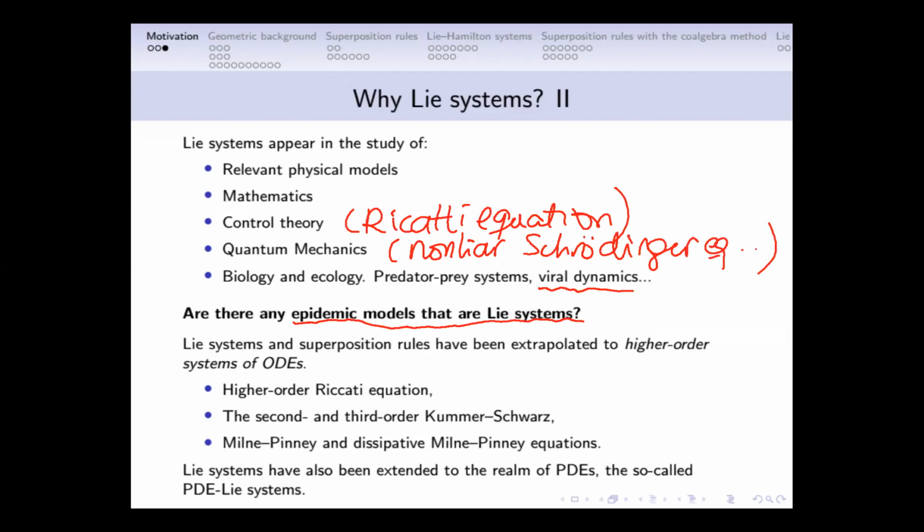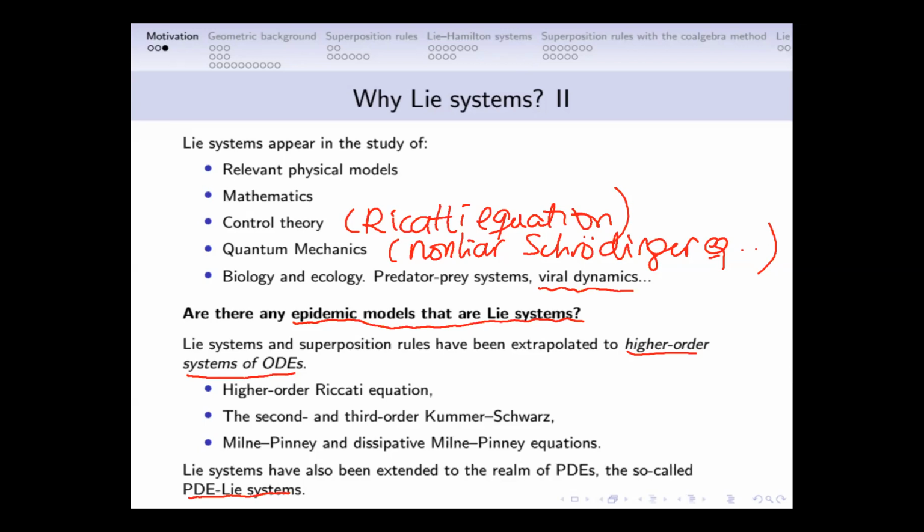Apart from that, Lie systems and superposition rules, as I told you, have been extrapolated to higher order systems of ODEs. And also, as I told you, even some PDEs are being studied from the point of view of Lie systems. Some other examples are the second and third order Kummer-Schwarz equations. I don't know if you are familiar with them, but they are equations that appear in non-equilibrium quantum dynamics of many body systems, and they are connected to the Schwarzian derivative.